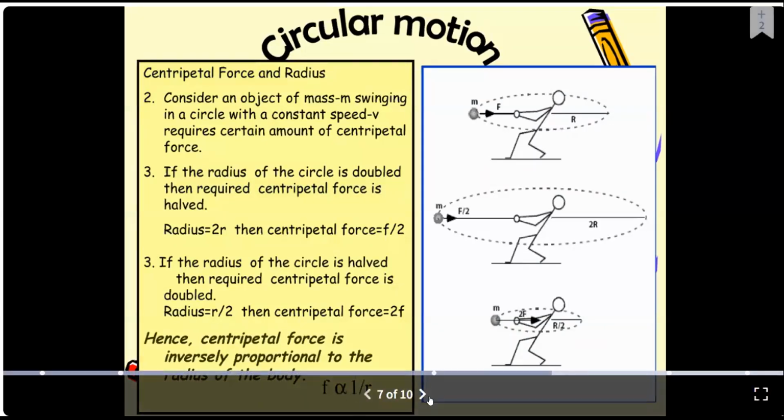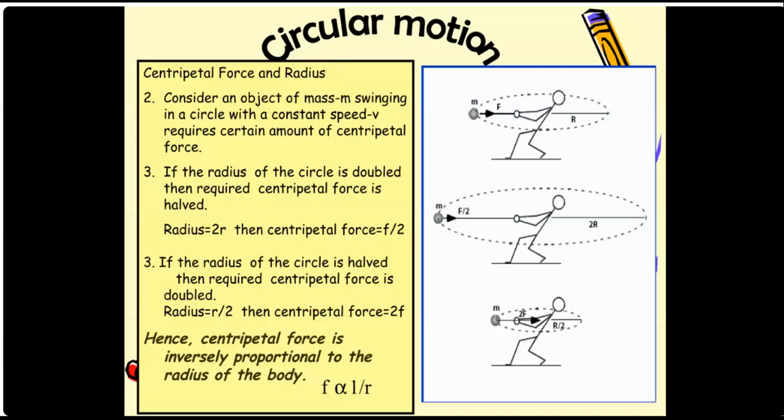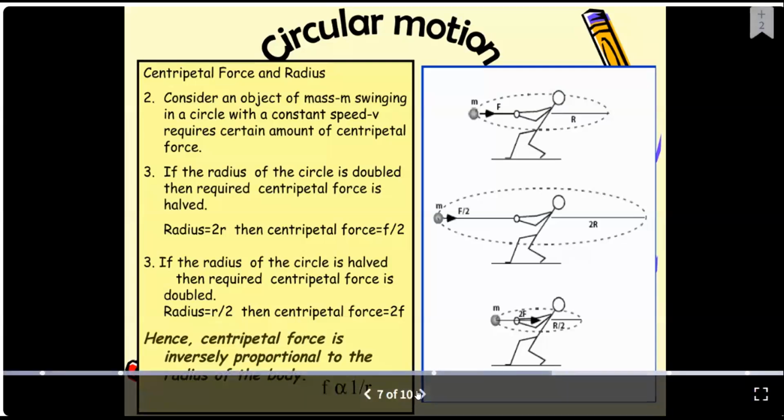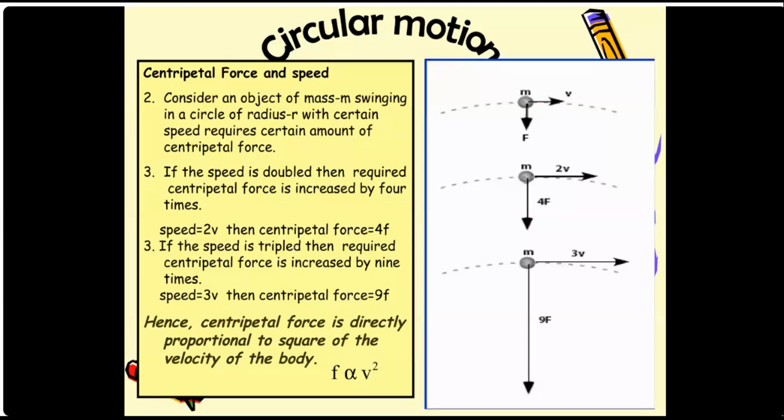In this slide, they're experimenting with the force and the radius. So the bigger the radius, the less the force. As you can see, F is proportional to 1 over R. And then I think the next slide, they should actually show you that the force is proportional to V squared.